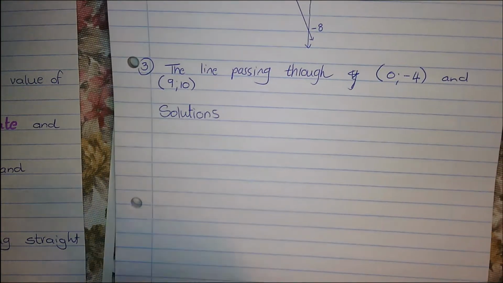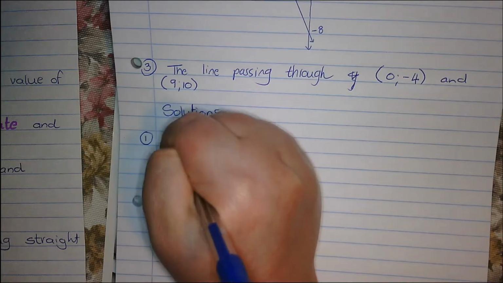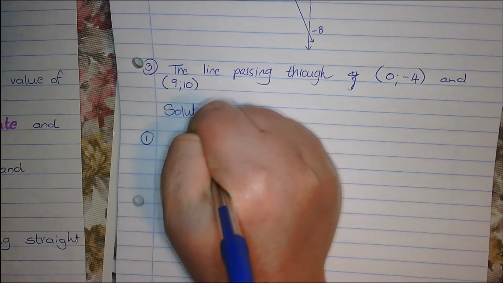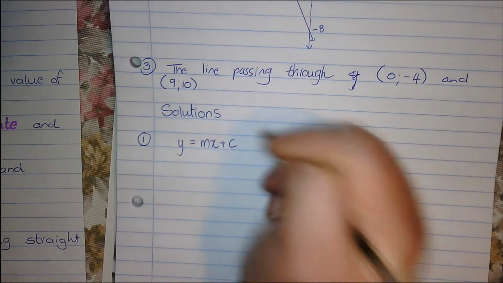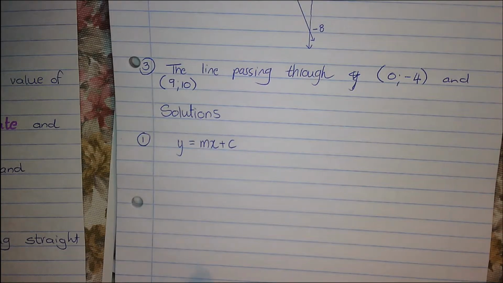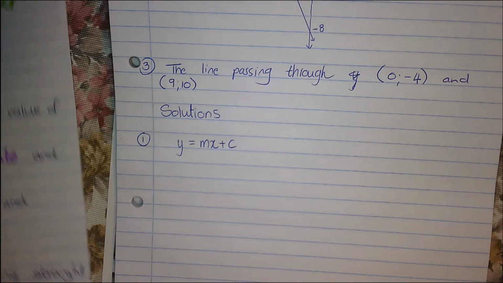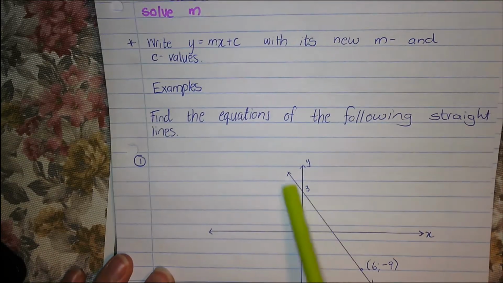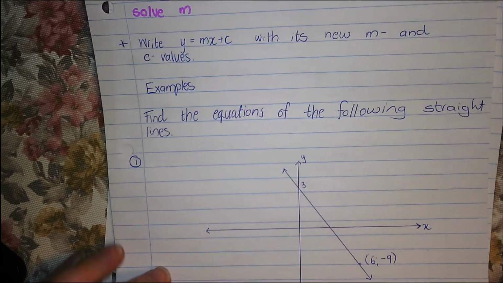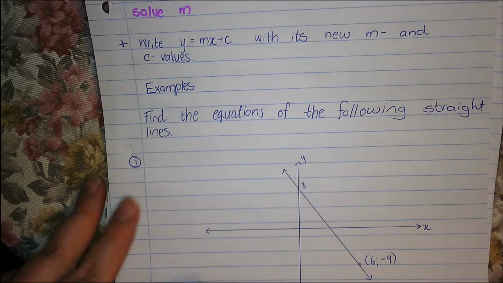Okay, the first step says start with y equal to mx plus c. And then the second step says substitute in your y-intercept, which is 3, into the place of c.